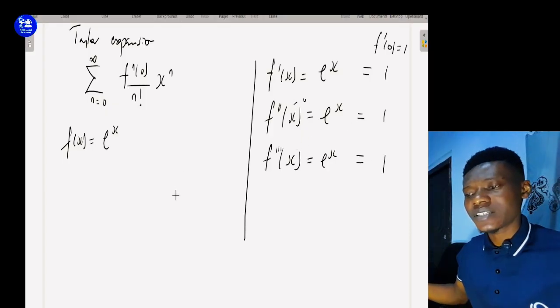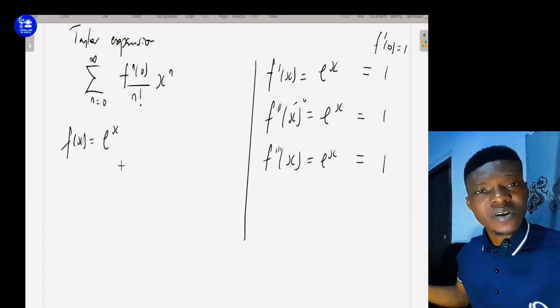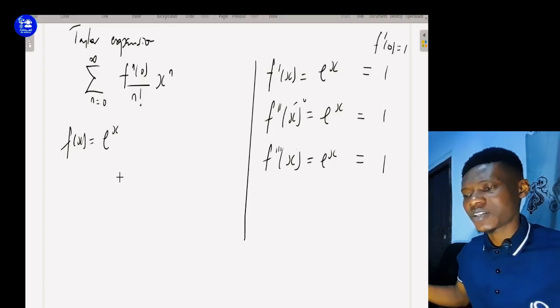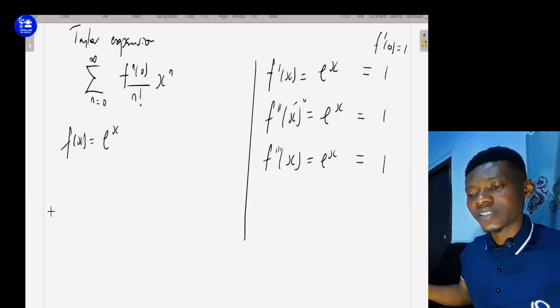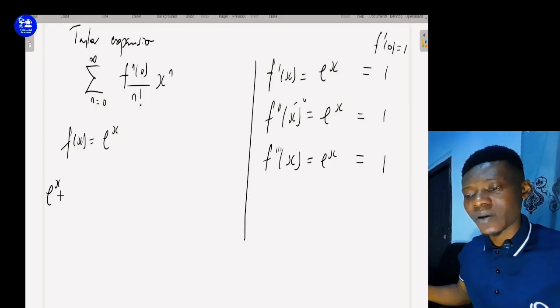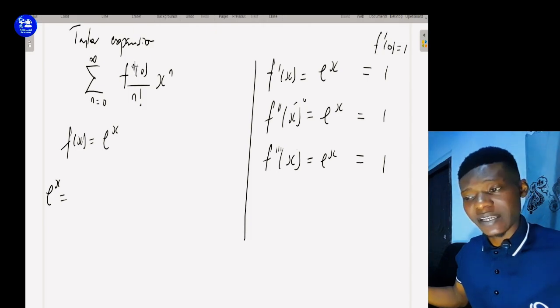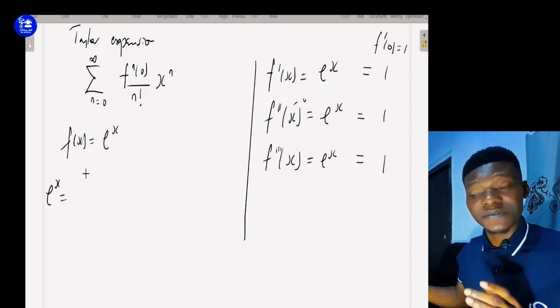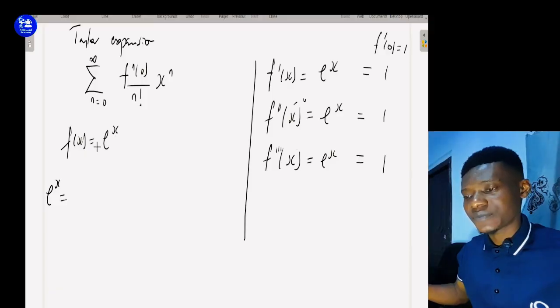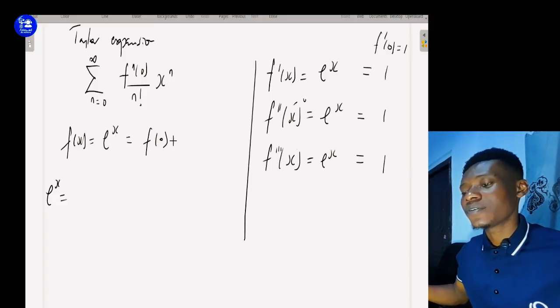Now let's slot it into the Taylor series or Taylor's expansion. If you are to follow the Taylor's expansion, it means e raised to power x is the same thing as, when n is equal to 0, f of x, that is when you have not differentiated it, gives you this. And when you look for the value of this when x is equal to 0, it gives you 1.